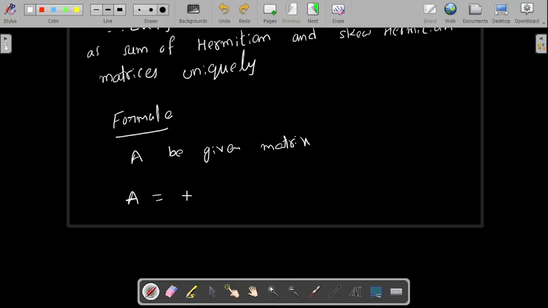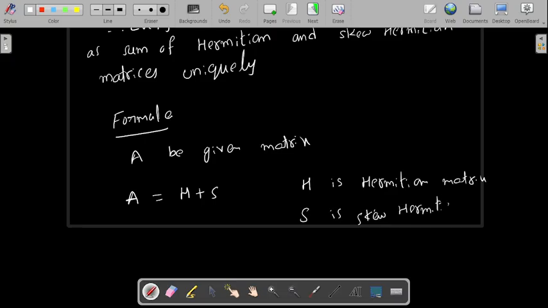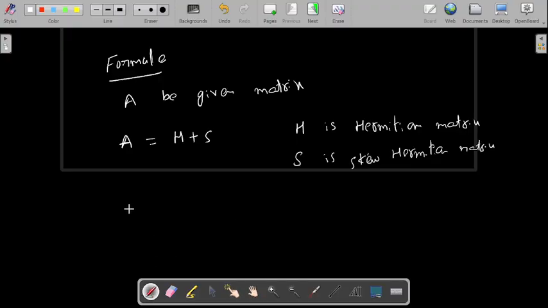So A equals H plus S. H is a Hermitian matrix. S is a skew Hermitian matrix.